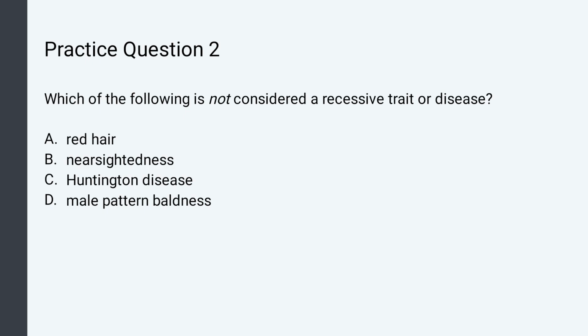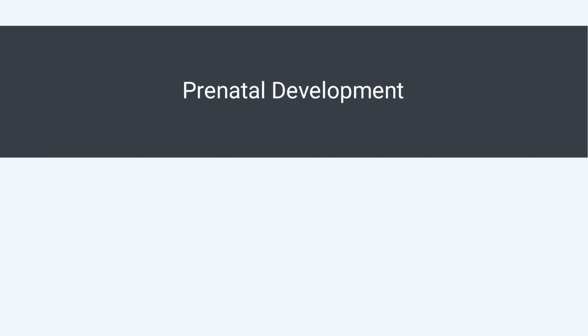So it is a recessive trait. It's still there, but you cannot directly observe it in an instant. Okay, so that's it for our heredity and genetics, and our next topic would be prenatal development.